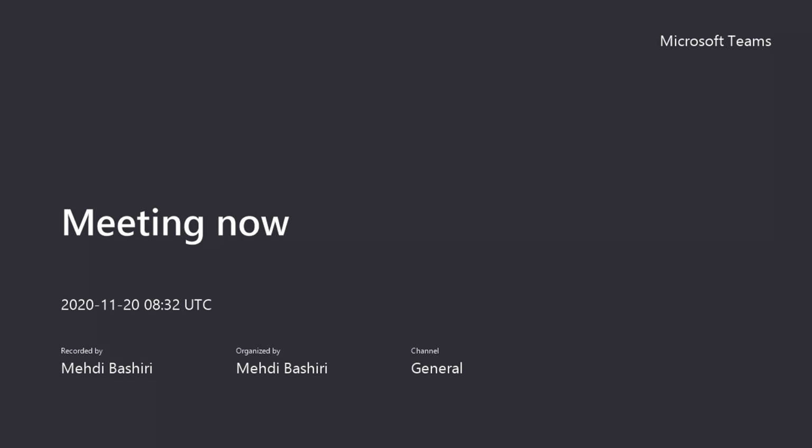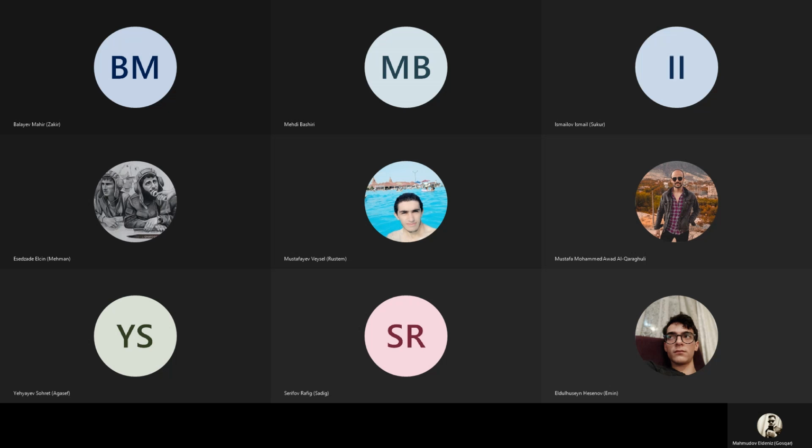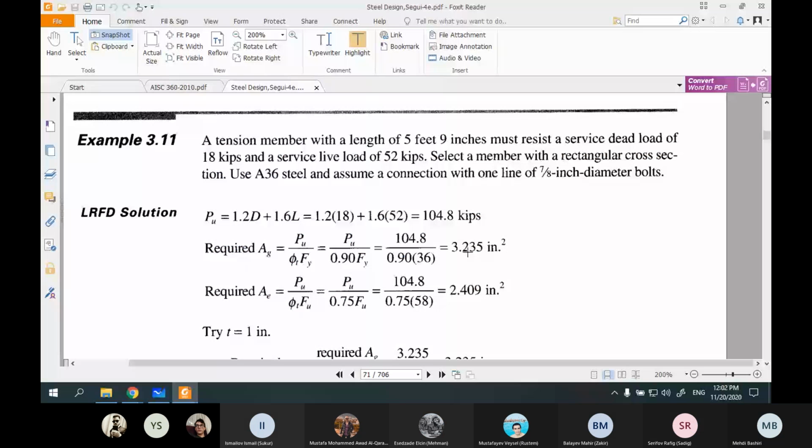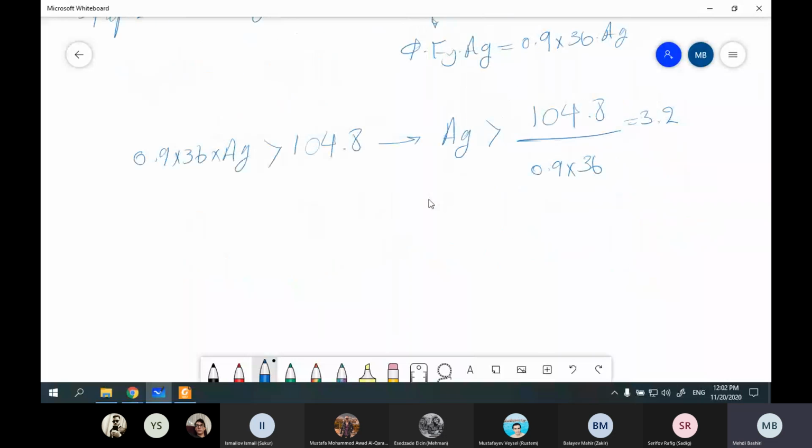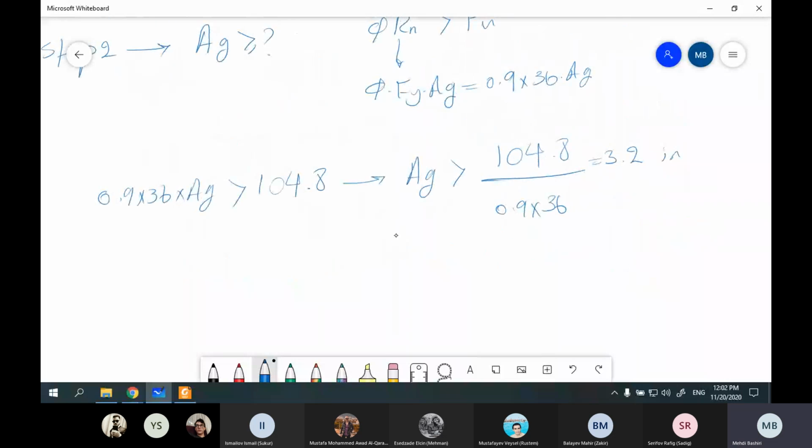Capacity is 3.2 inches squared. In the book, as you saw, we can do this also for rupture.